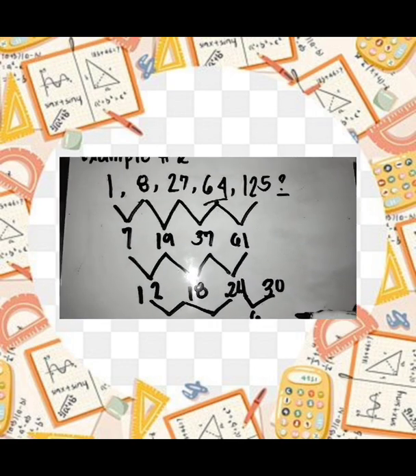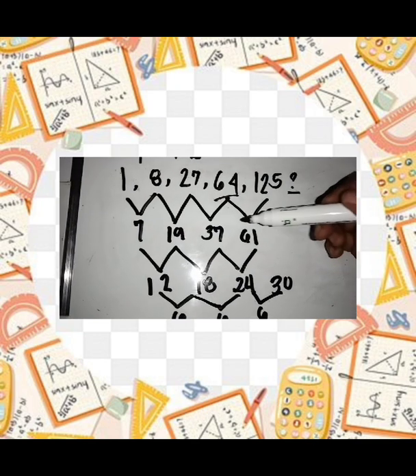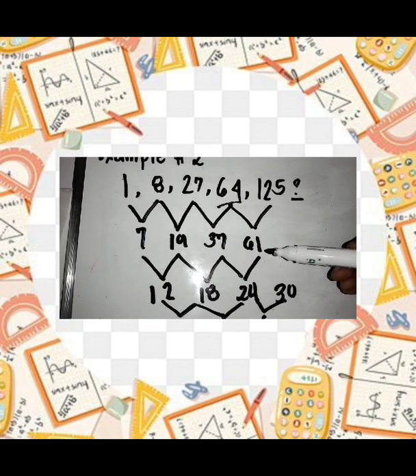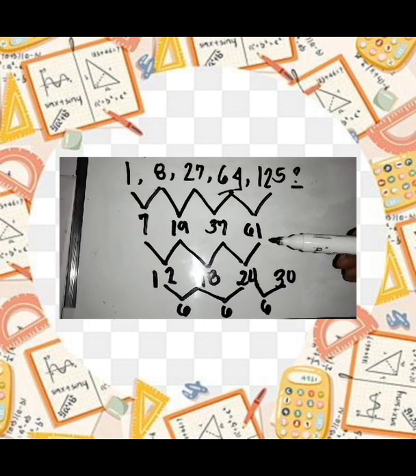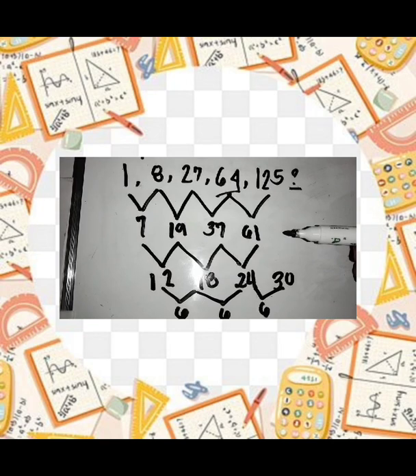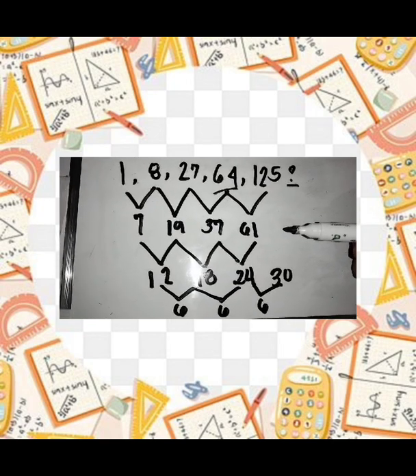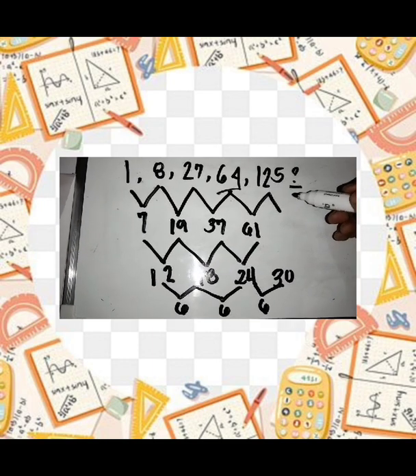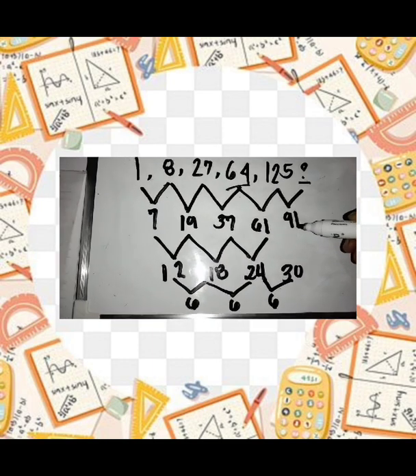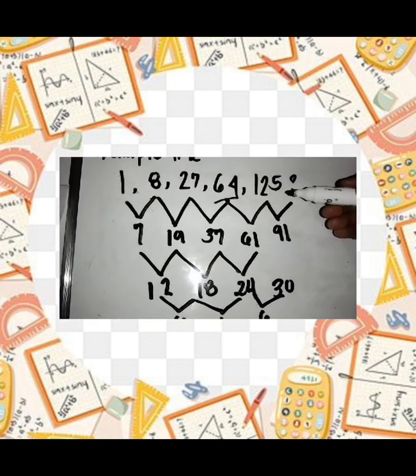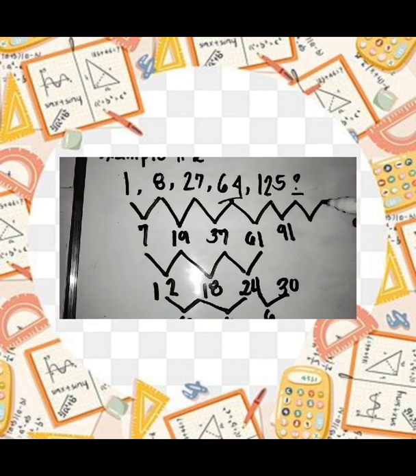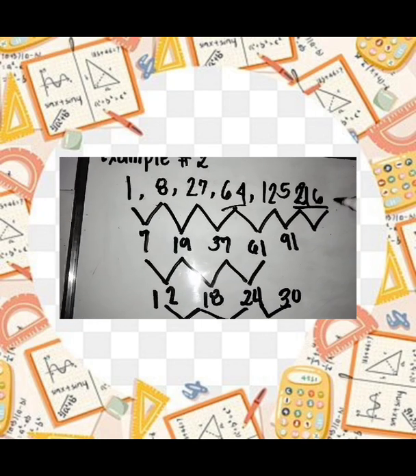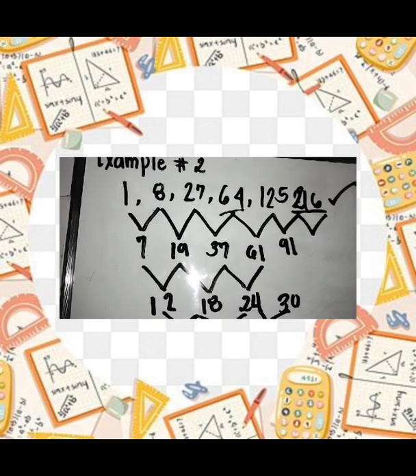In this situation, we will see 37 plus 24 is equal to 61. 61 plus 30 is 91. 91 plus 125 is 216. And that 216 is the final answer.